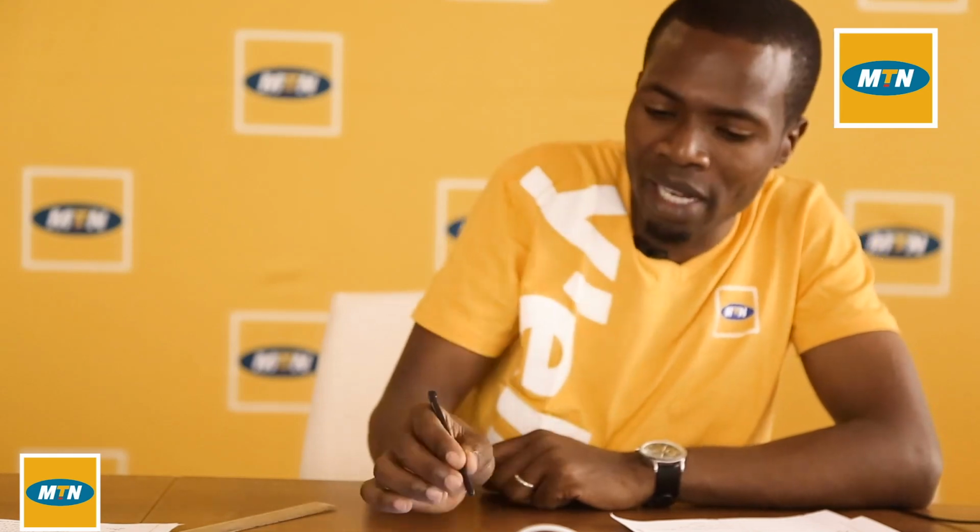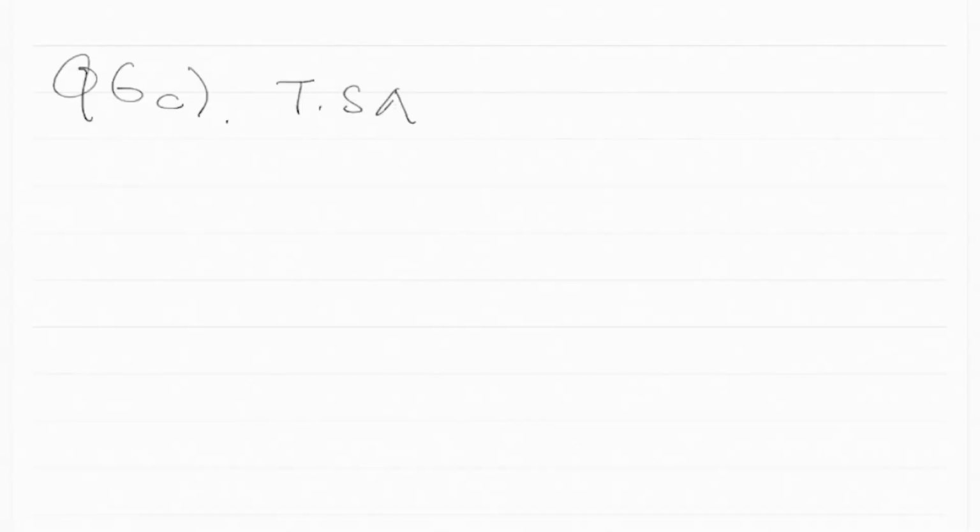Now, you need to understand that total surface area, abbreviated as TSA, is nothing but the sum of all the areas of the surfaces in the given diagram.